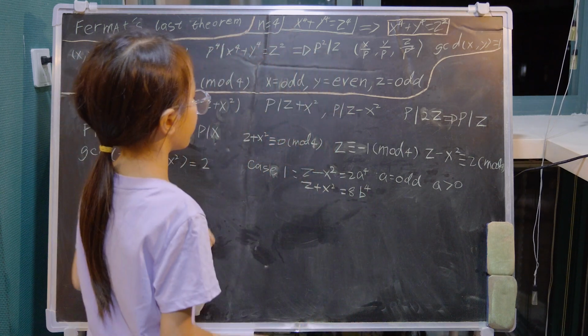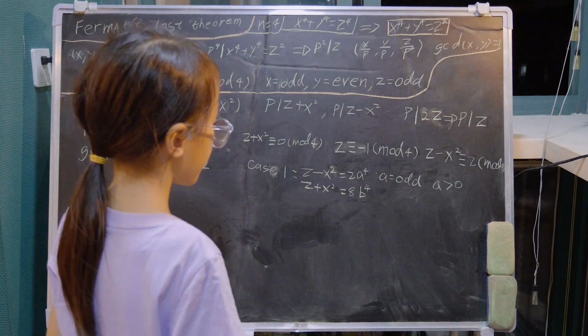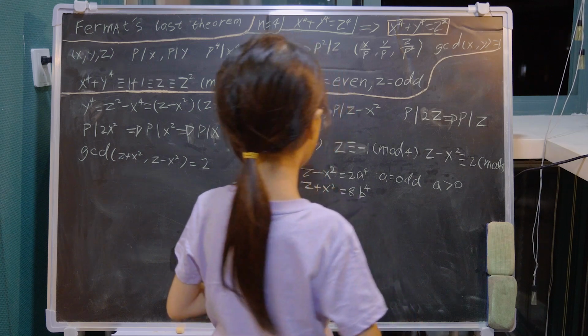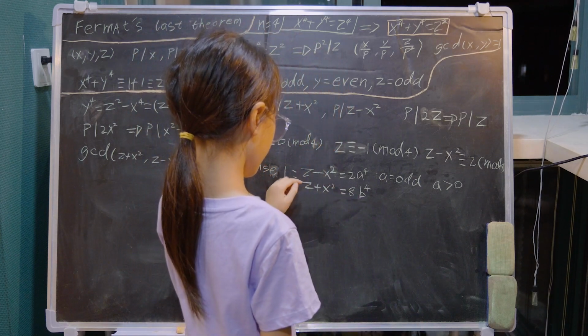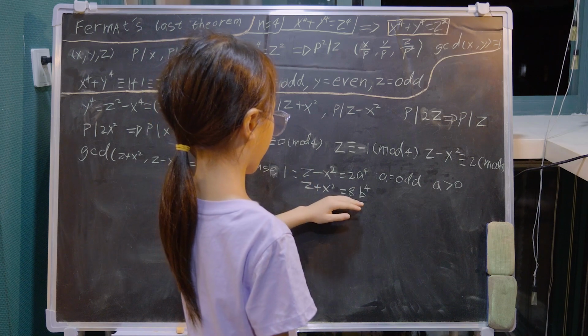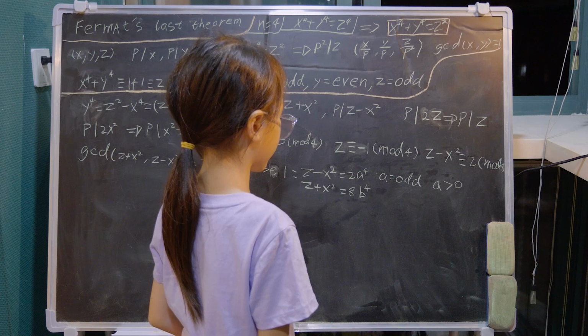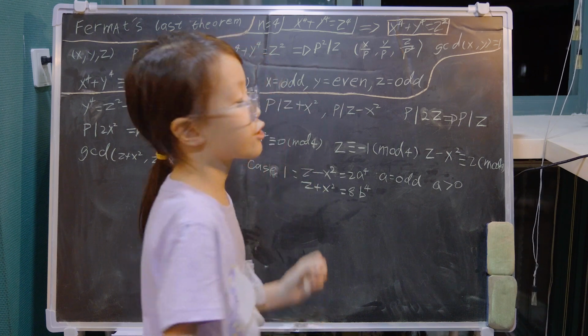And we can prove case 1 is impossible. If we use this minus this, we get 8 times b to the 4 minus 2a to the 4. We know this minus this is 2x squared.